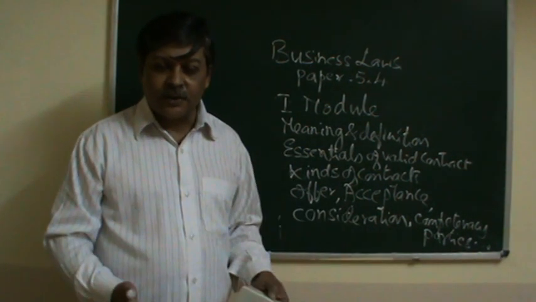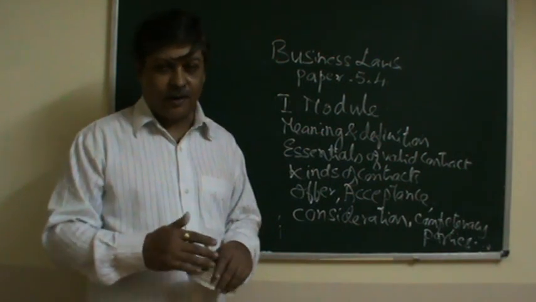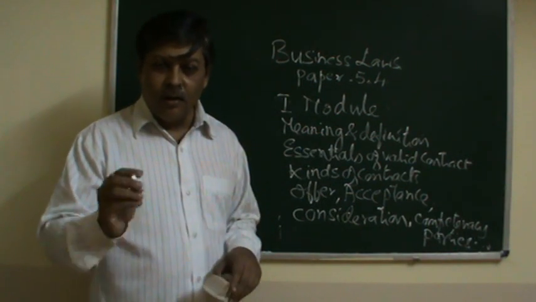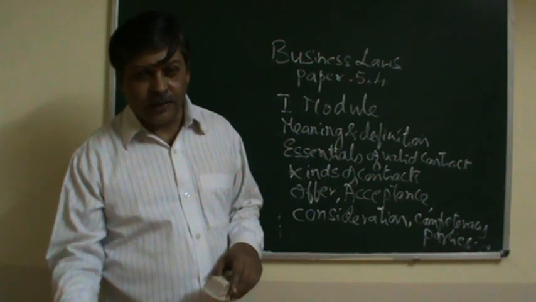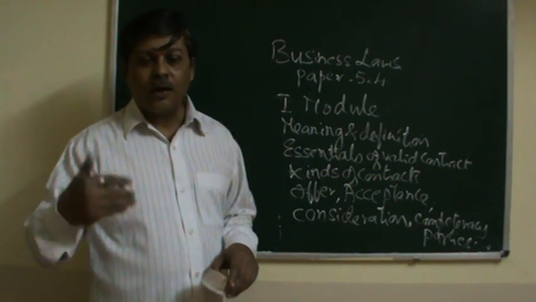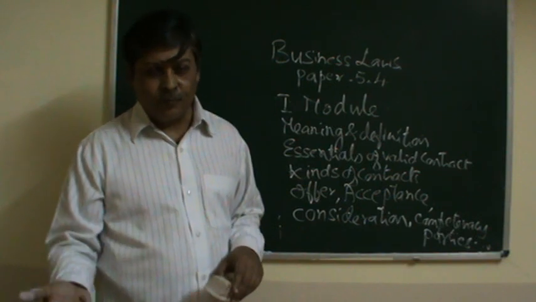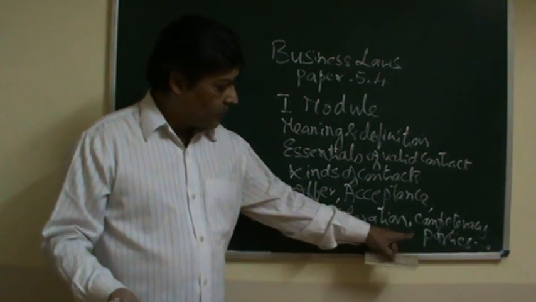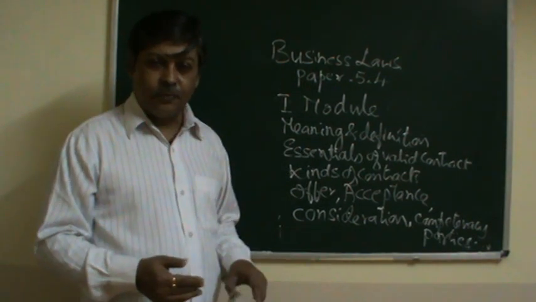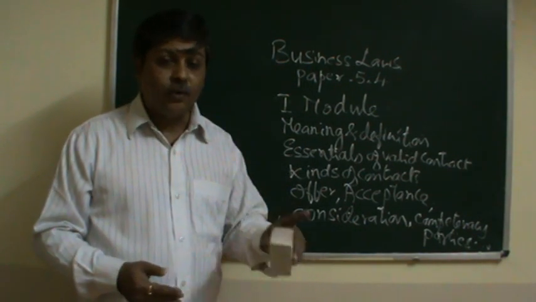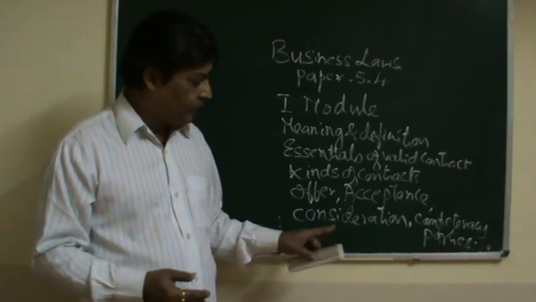And who are the persons competent to make a contract, who are eligible to make a contract. We can also say it another way: who are not eligible to make a contract, we can get that answer too. So that will be the competency of the parties we are going to study. The law relating to minor is most important.